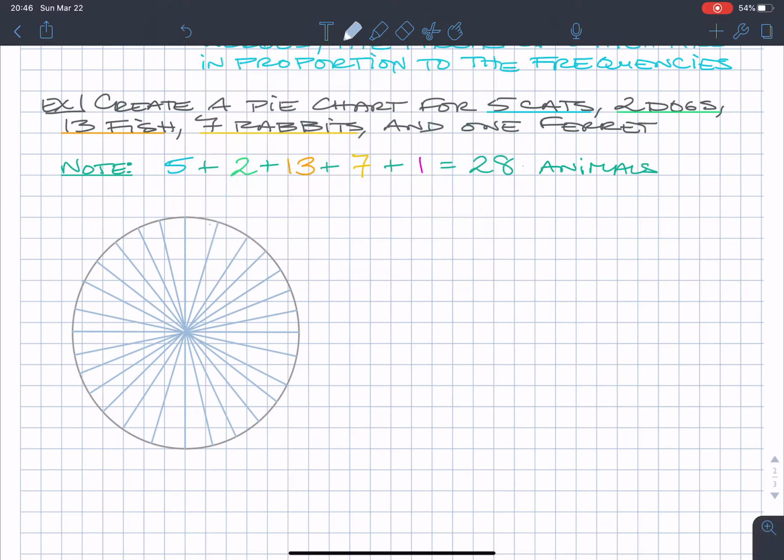Okay, so now what I need to do is illustrate cats. So cats is equal to 5, so I'm going to annotate that by blue. So I'm going to count 1, 2, 3, 4, 5 of these parts here, and I'm going to color them in blue.